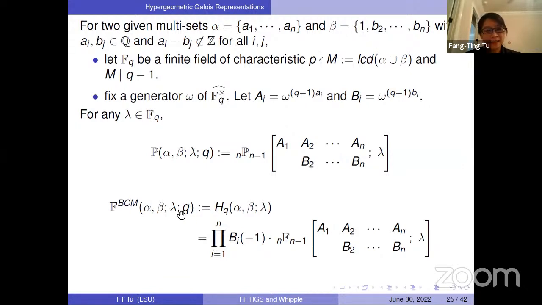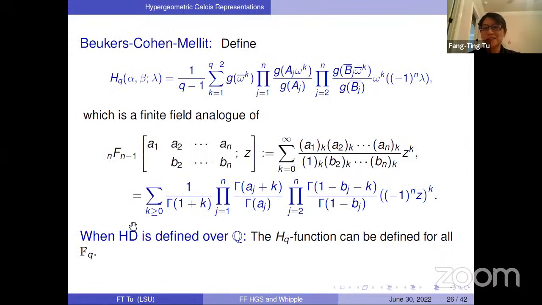Why did I mention these two? Because it is easier to find useful identities between P functions, parallel to the classical case, but we would use BCN's hypergeometric function to extend the representation to GQ. Let me recall the definition of BCN's HQ function.